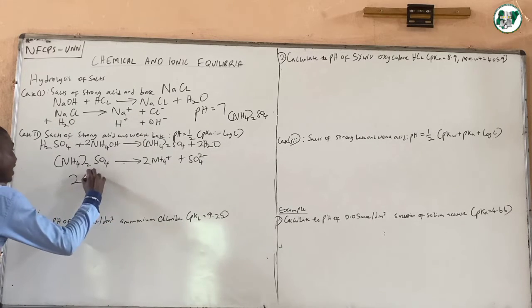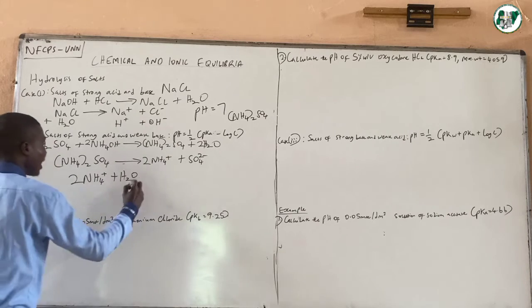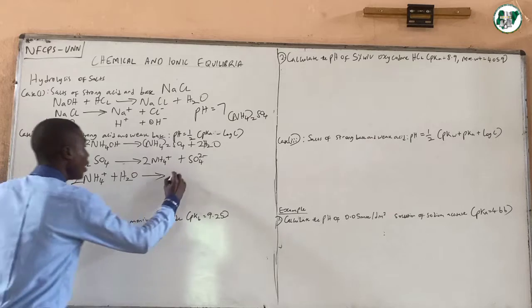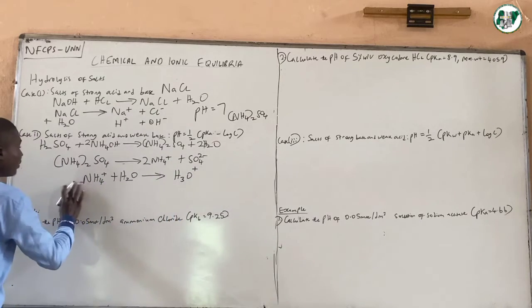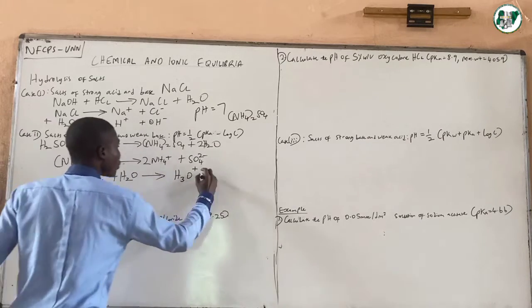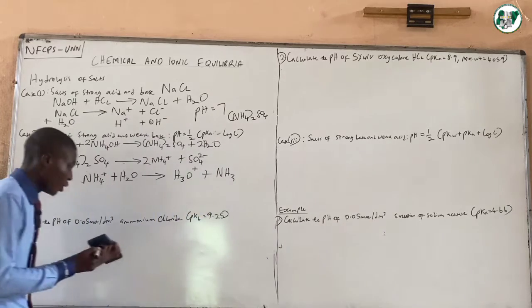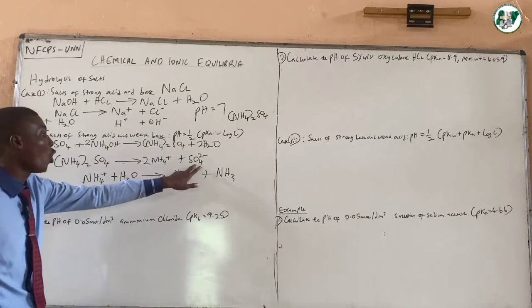Now 2 NH4+ in the presence of water is going to dissociate and donate a proton to water to form H3O+ and NH3.